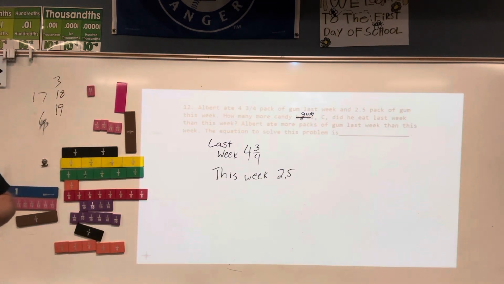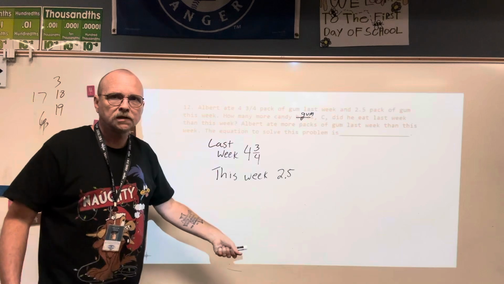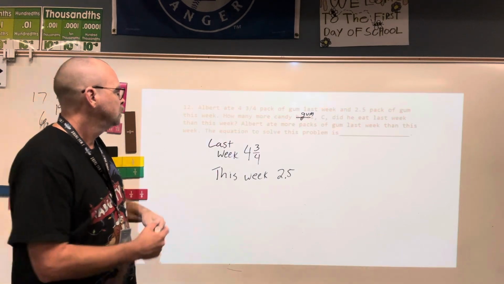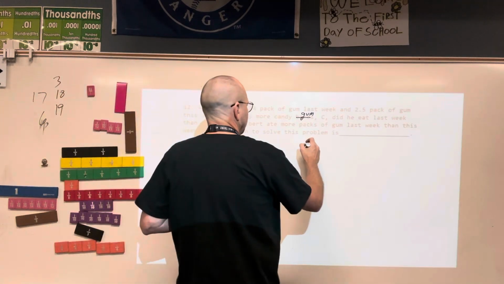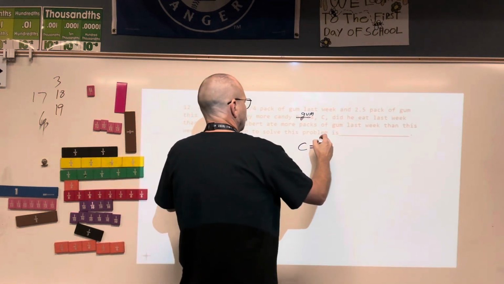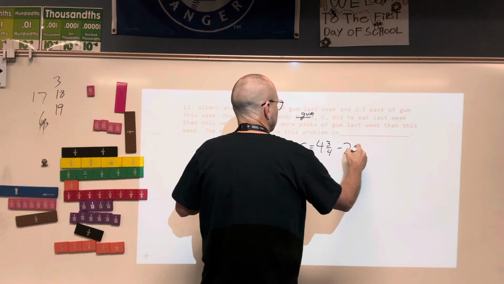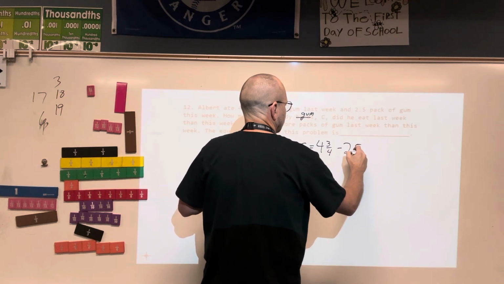We want to know how much more. How much more tells us we're going to subtract. So the problem is going to be the candy is going to equal 4 3/4 minus 2 5/10.